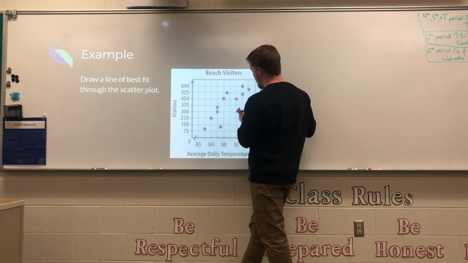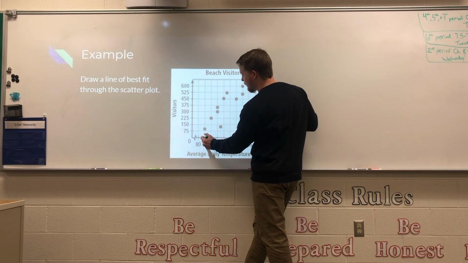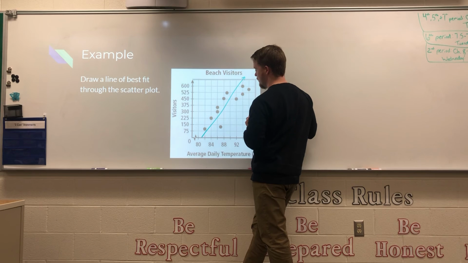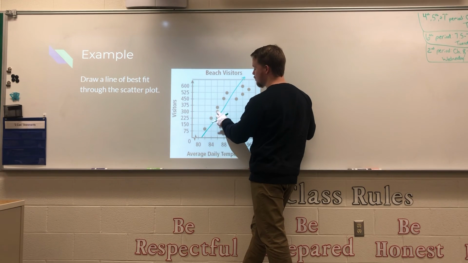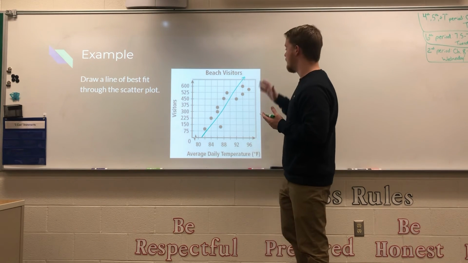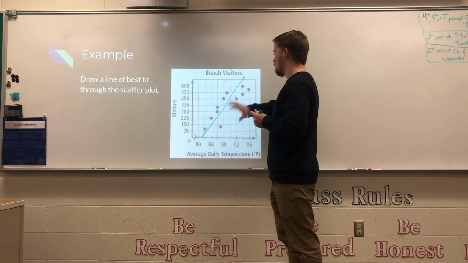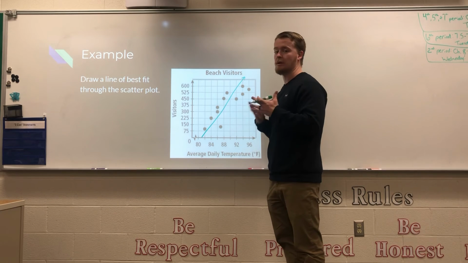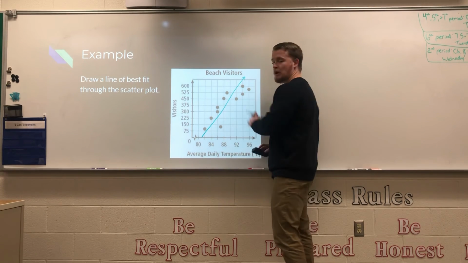So here, my line of best fit would probably look something like that. Okay, so because now we have 1, 2, 3, 4, 5, 6 above, 1, 2, 3, 4, 5 below. That's pretty good as far as making sure it's going directly through the data and then having a balance on both sides. And that's not the only line you could draw.